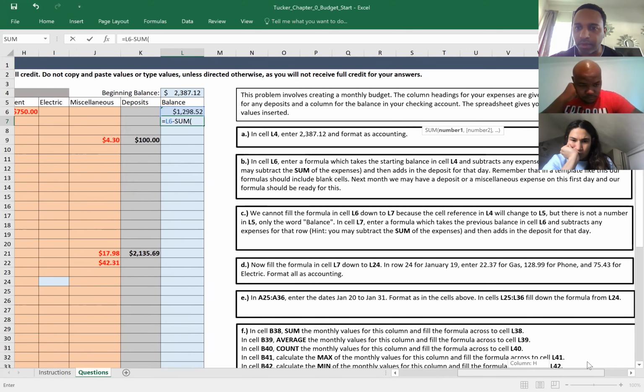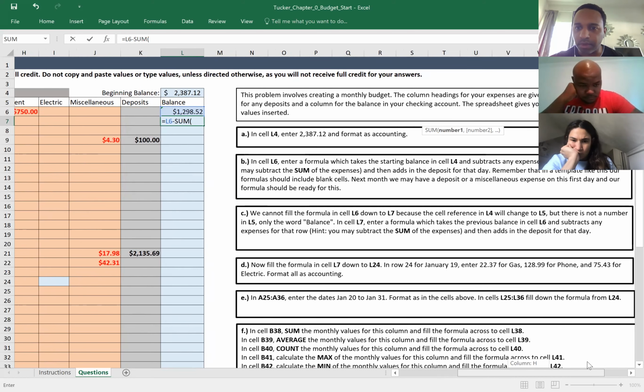Oh, okay, in D it says new field. Okay, all right, so we're gonna put some stuff in there. Okay, I'm with it now. So looking at B7 to J7, there's nothing in this row, but they told us to take the balance from L6 and subtract the sum of all of the values in that row 7.